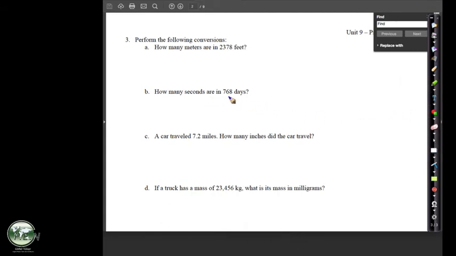Okay, how many seconds are in 768 days? So we've got 768 days. We want to go from days to seconds. There are 60 seconds in how much time? 1 minute.